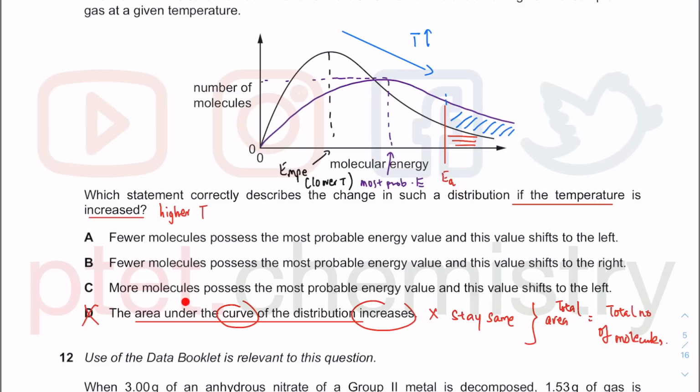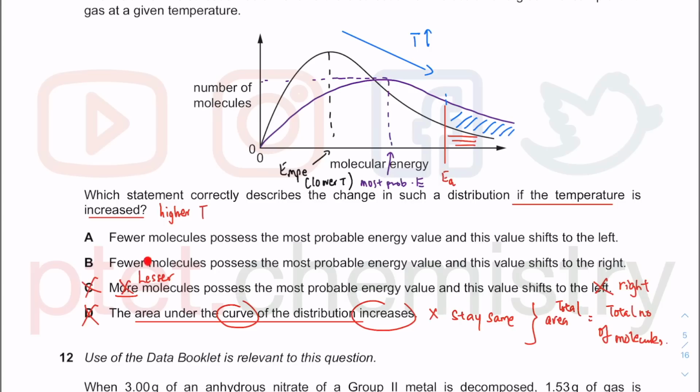Now option C, more molecules possess the most probable energy. We get fewer molecules possessing the most probable energy, so more is wrong. And this value shifting to the left is wrong. It shifts to the right at higher temperature. Now between A and B, fewer molecules possess the most probable energy.